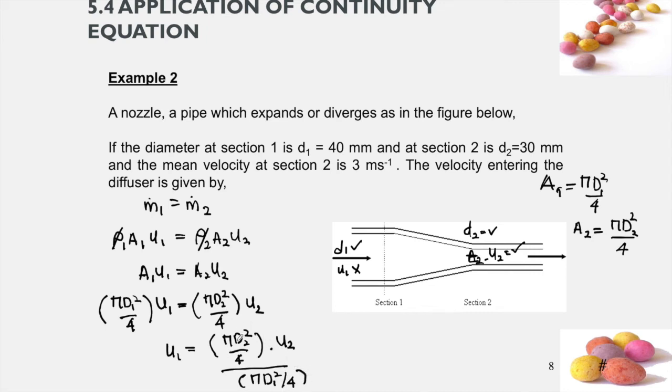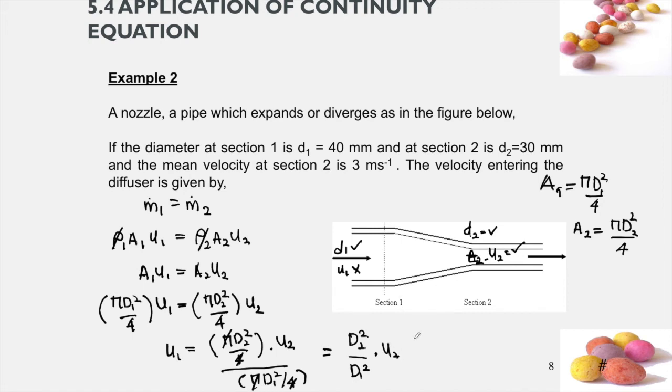From this equation, we can cancel out pi and 4 when we rearrange. Therefore, this equation becomes d2 square over d1 square times u2.